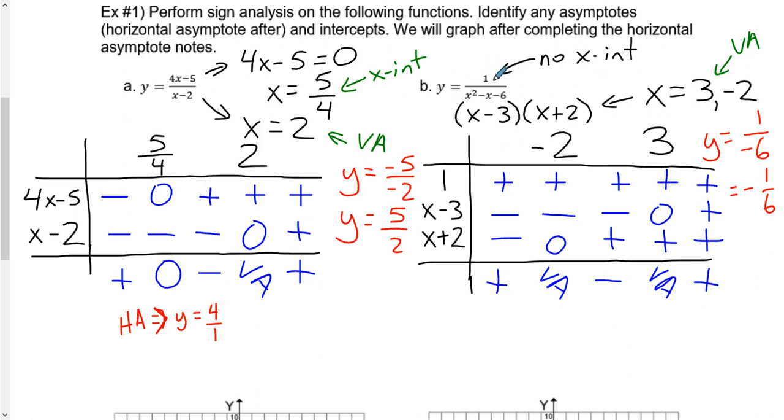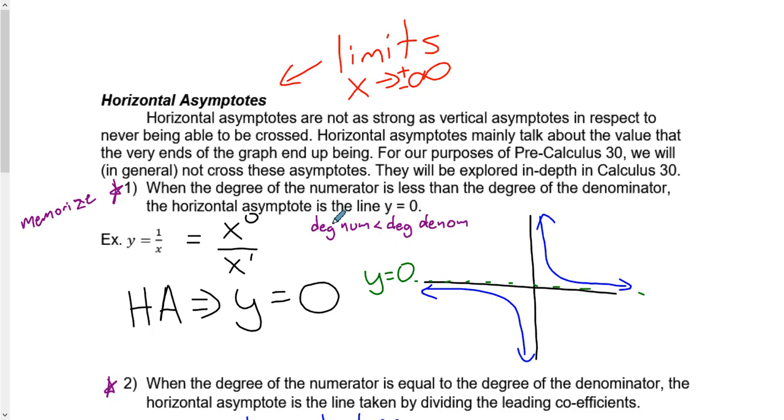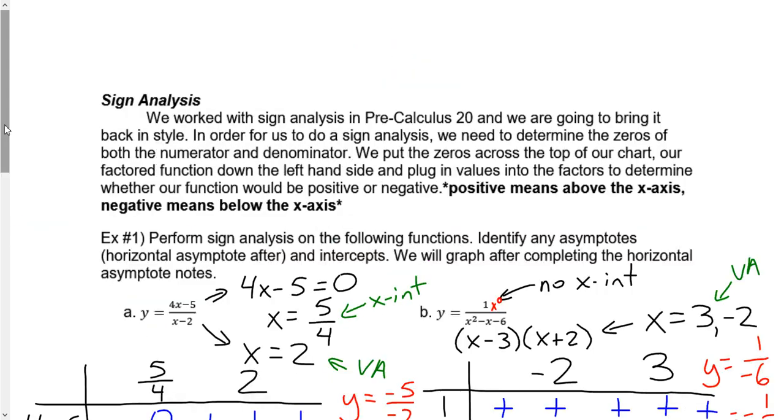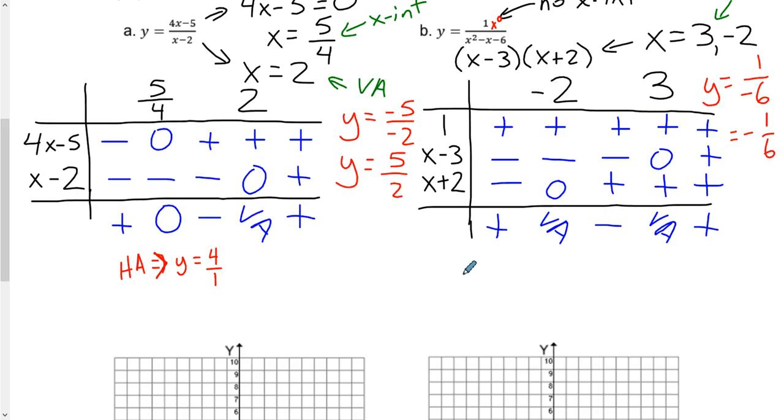In this one, our numerator has a degree of 0. So our degree of our numerator is less than the degree of the denominator. That means our horizontal asymptote is y equals 0.